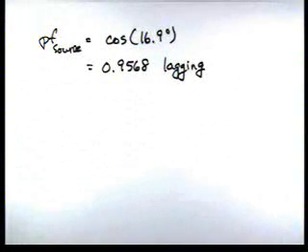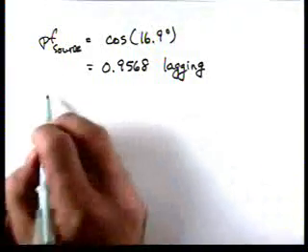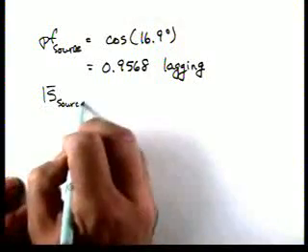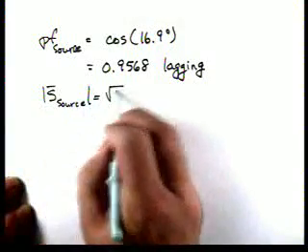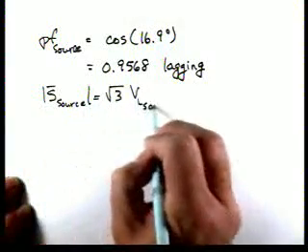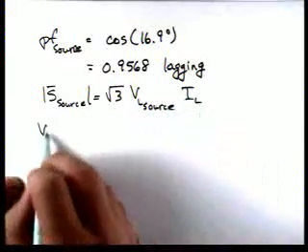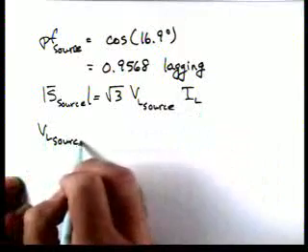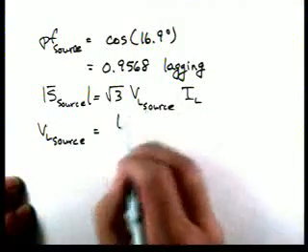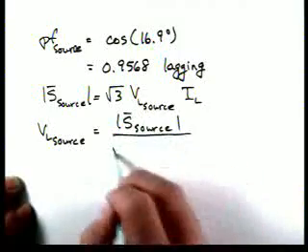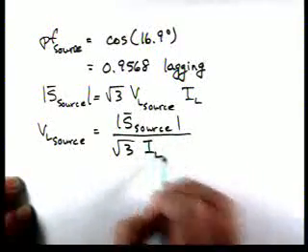Now, the magnitude of S for the source is equal to square root of 3 V_L at the source times I_L. So now V_L at the source, we have the magnitude of S for the source divided by the square root of 3 times I_L.